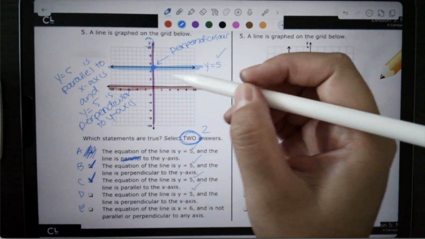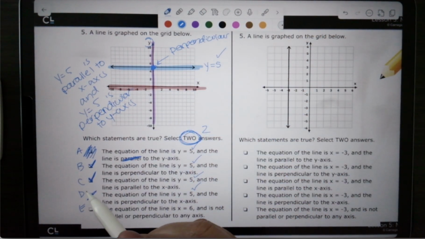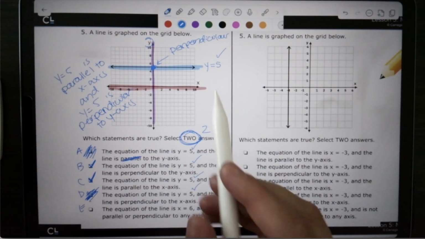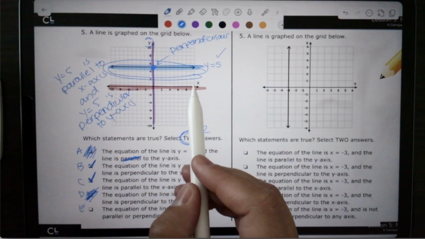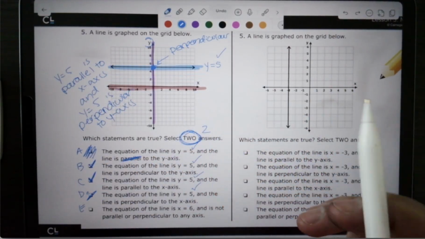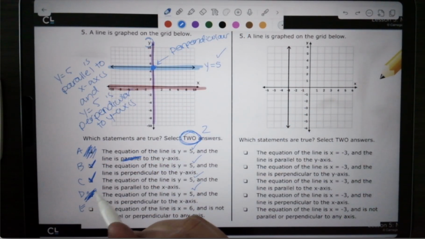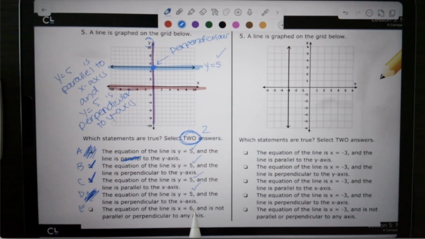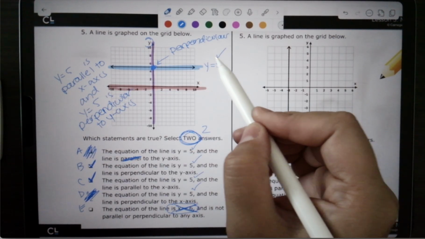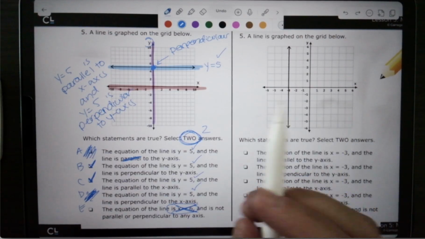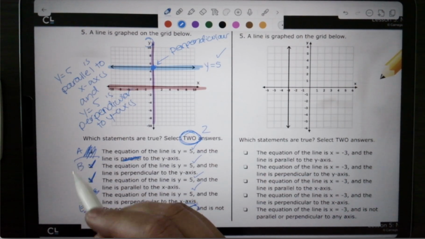If you're parallel to one, you can't be perpendicular, so that means D cannot be my answer, because this blue line doesn't touch my red. They're not perpendicular. So if I look at E, the equation of the line x equals 6. Oh, this is already wrong because my equation is y equals 5. So my 2 answers are B and C.